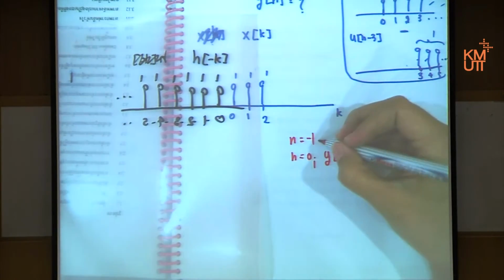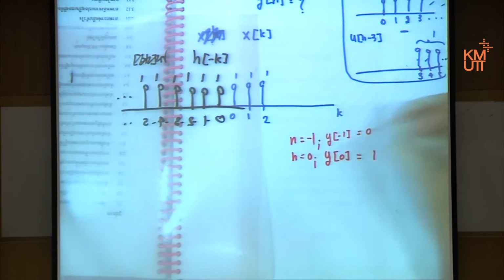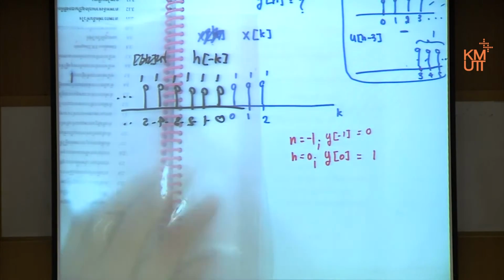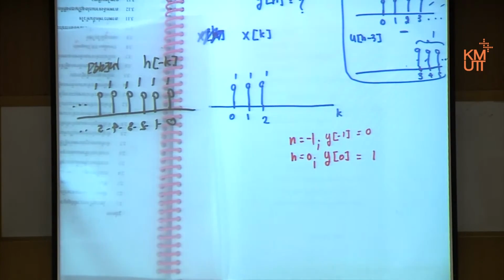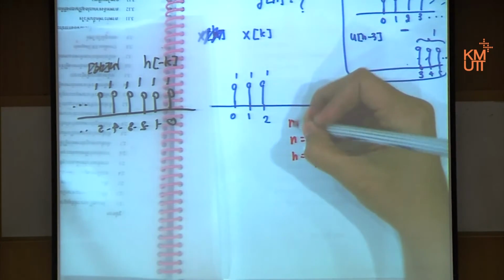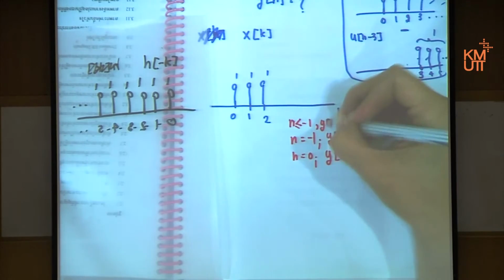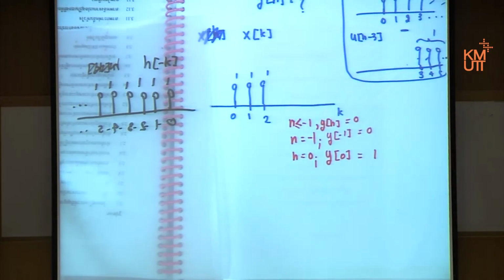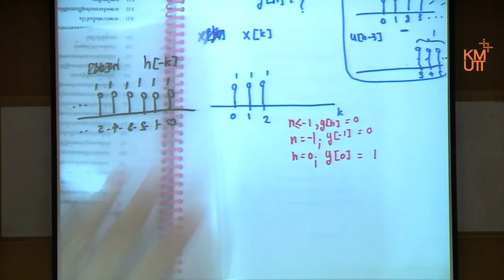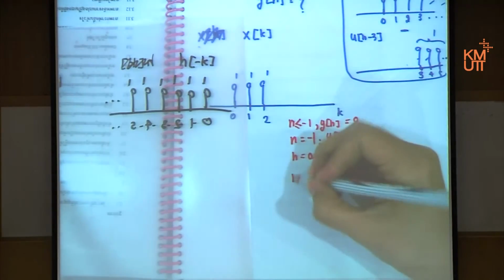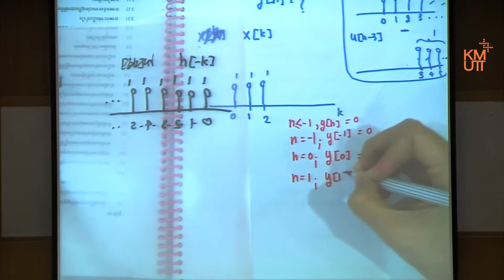The result of y[-1] must be equal to 0, and y[-2], y[-3], y[-4] is still equal to 0. So it means that when n less than or equal to -1, y[n] will be 0 always.